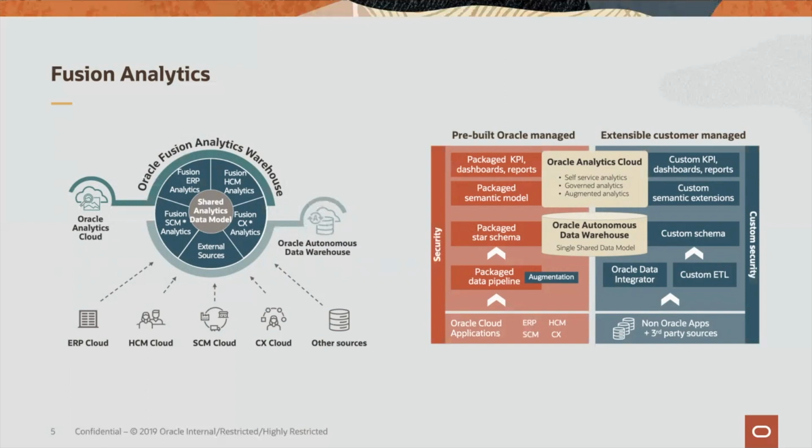We have a prebuilt, prepackaged, managed pipeline that extracts the data from those sources and loads it into a star schema, a factory schema. And then on top of that, we have a package, a semantic model, that allows us to access different subject areas and do some reporting and build KPIs on top of that with OAC.